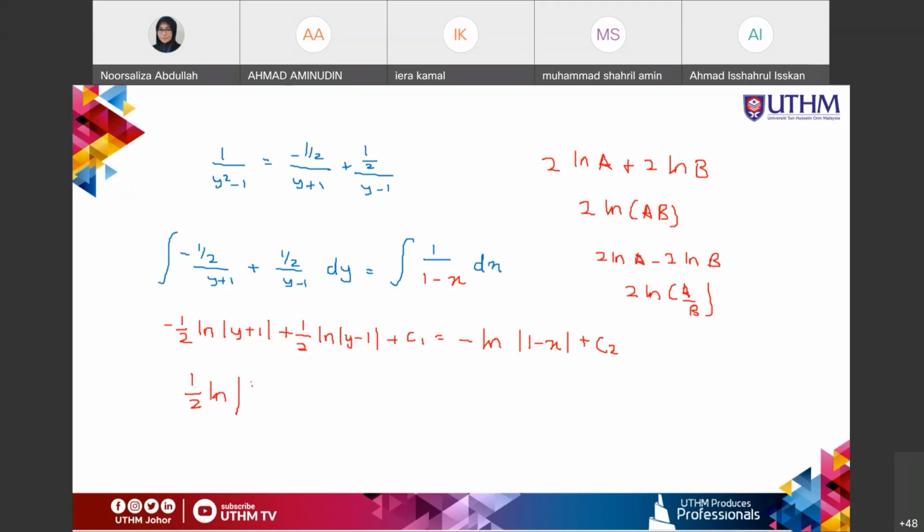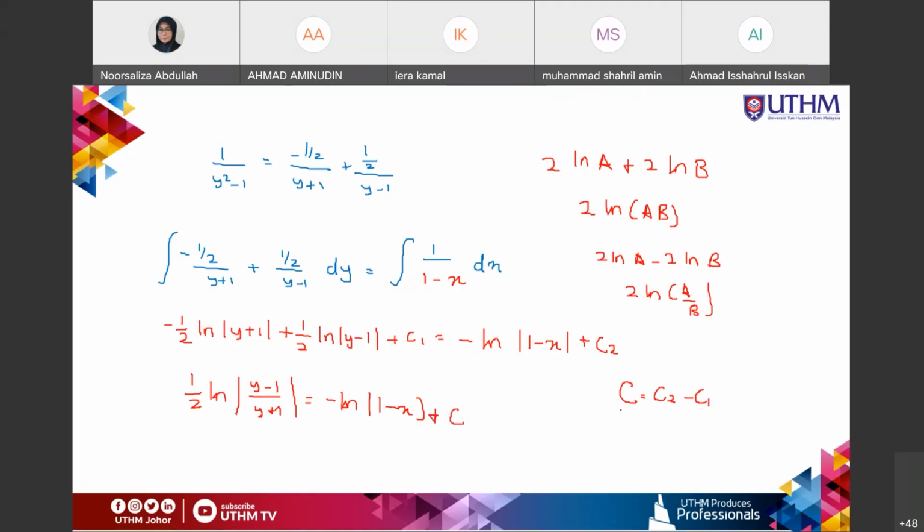Y minus 1 divided by y plus 1 equals to minus ln 1 minus x plus C1 and C2. So C is constant equals to C2 minus C1. So here you just put C.